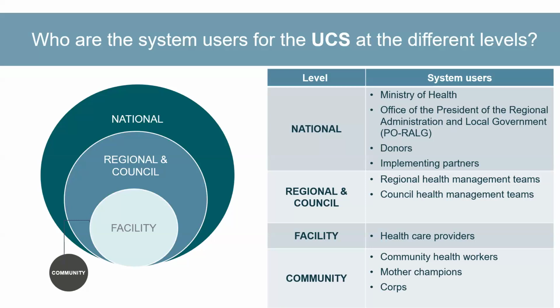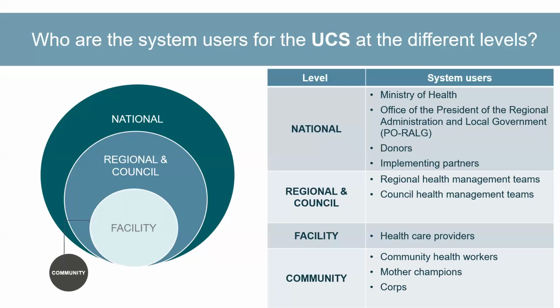Regional and council, we have users from the regional health management team and council health management team. We also have facility level, where the main users are health care providers. And lastly, we have community, where we have community health workers, mother champions, and COPS. We can see here we term CHW, but different programs use different words for CHW.